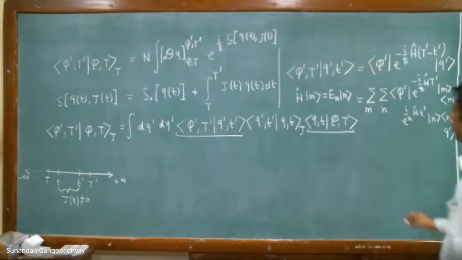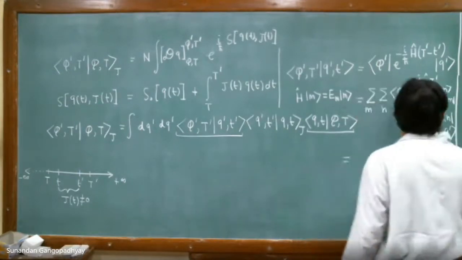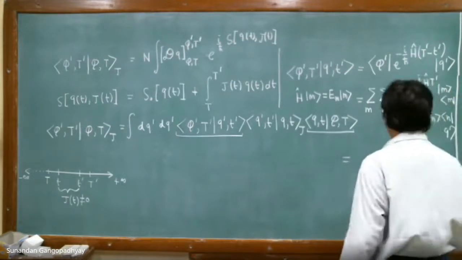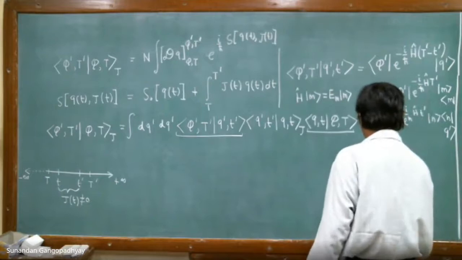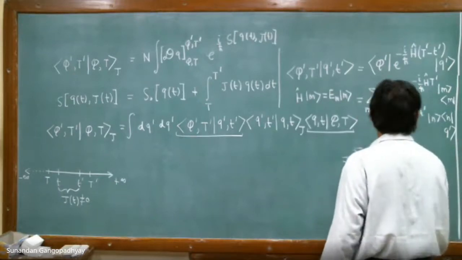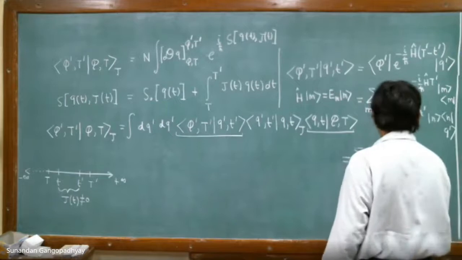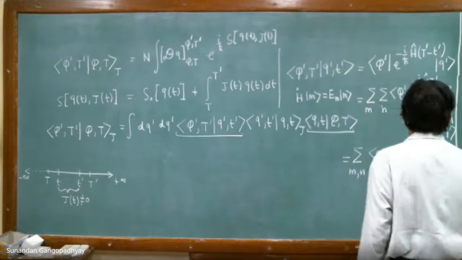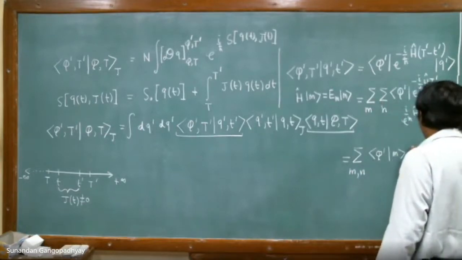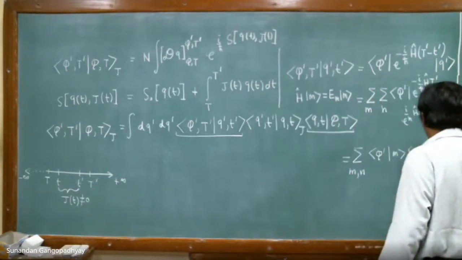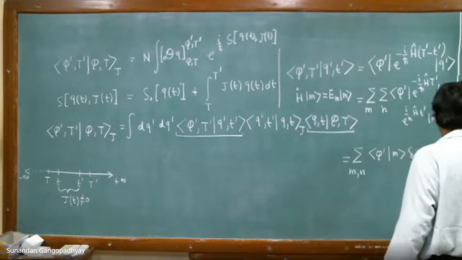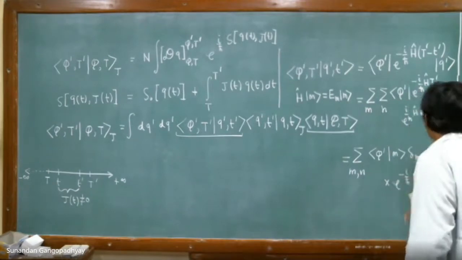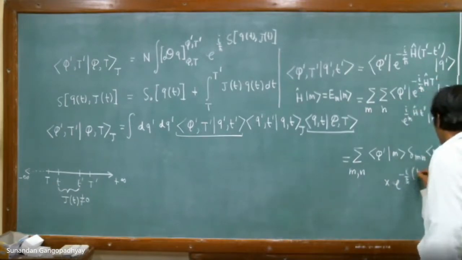So that is what we have, and this was simple to calculate because this m is an energy eigenvalue of this. So this eigenvalue will go outside this matrix element, and we will land up with Q prime m, and then we will have the m and n overlap. So that is delta mn, and then we have n with Q prime overlap. And then this is multiplied by e to the power of minus i by h bar, this will give us E_m.